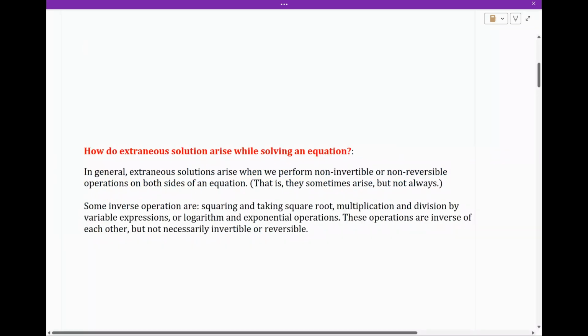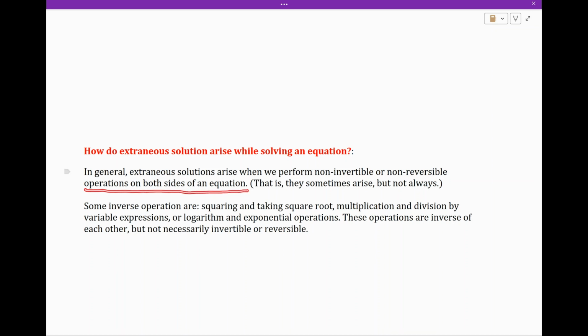How do extraneous solutions arise while solving an equation? In general, extraneous solutions arise when we perform non-invertible or non-reversible operations on both sides of an equation. That is, they sometimes arise but not always.